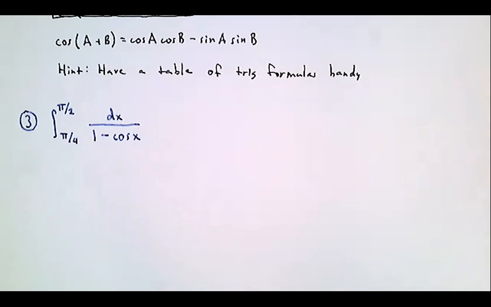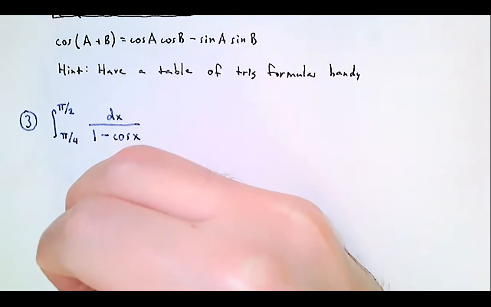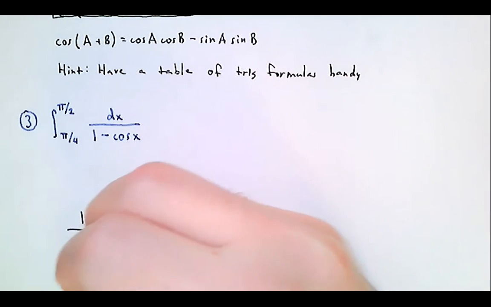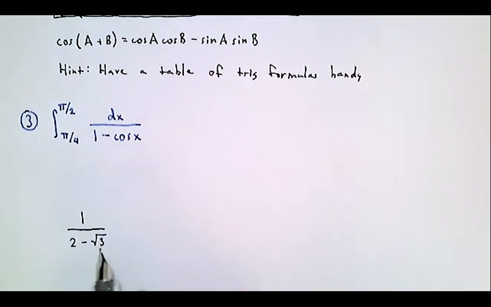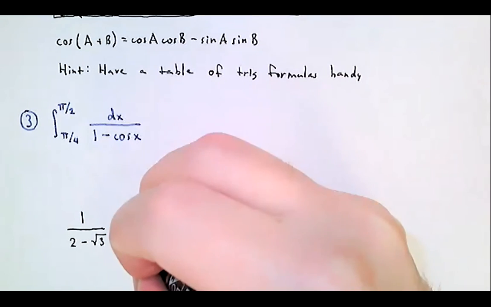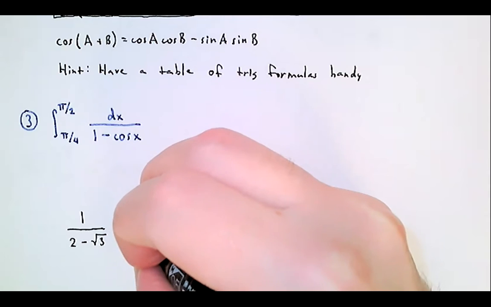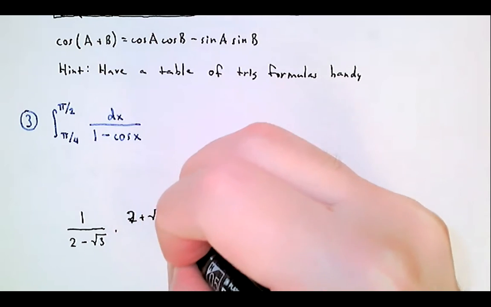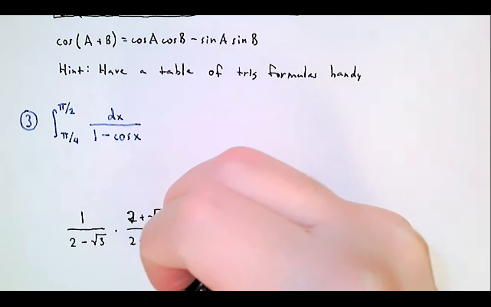You might remember from algebra a kind of technique. Let's see, just to pick an example. If you saw an expression like this, you would know that in order to get the square root out of the denominator, you would have to multiply by the conjugate. 2 plus the square root of 3 over 2 plus the square root of 3.